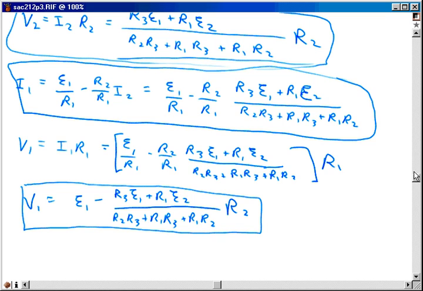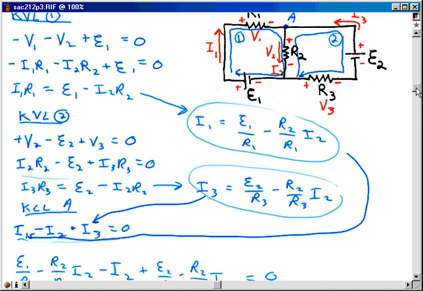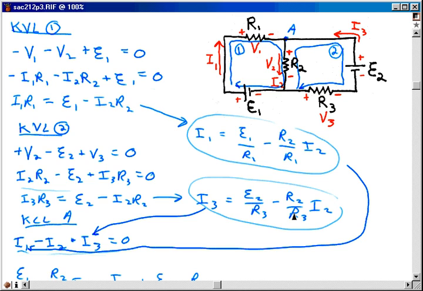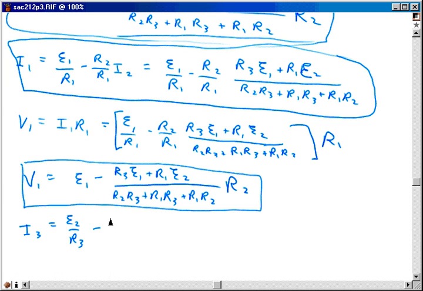Same thing for 2. Now I just have to get 3. Let's start with I3 is equal to, we did find an expression for that while we were solving along, E2 over R3 minus R2 over R3 I2.